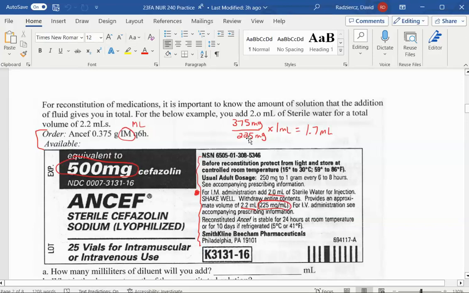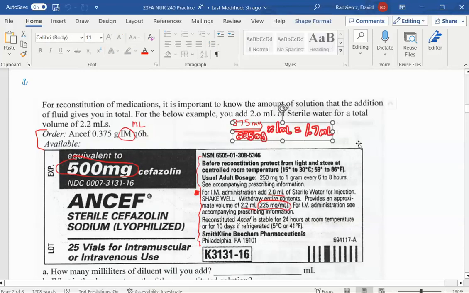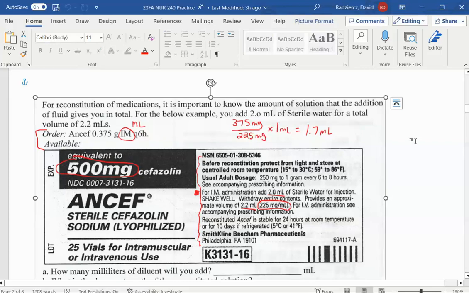And then once you do that, then you just do ordered over available. So I don't think that that's going to change anything. Reconstitution is just the same as an oral or parenteral type of medication. If you do order over available, that's all it is. Just make sure you multiply by quantity.